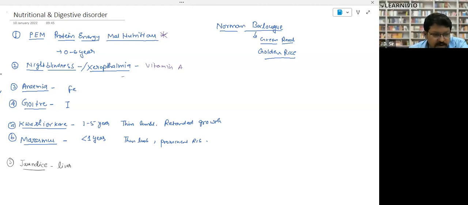Jaundice is a liver infection, and due to jaundice, eyes become yellow, skin becomes yellow, right? So due to liver infection, in jaundice, collection of bilirubin and biliverdin takes place in blood, right?